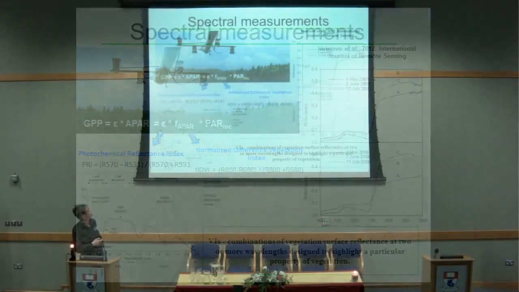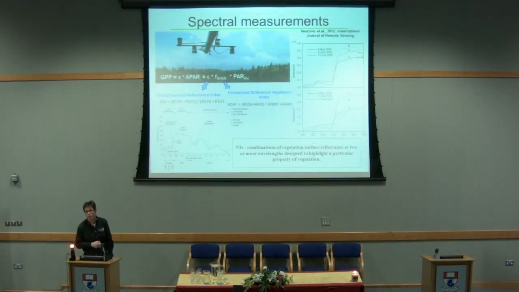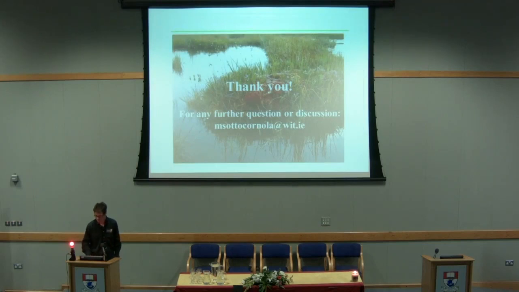These indices can feed into models, the same type of light use efficiency models that I showed before. This remotely sensed information allows us to scale up the measurements that we do at the site level to a higher level, like the regional level. Thank you.